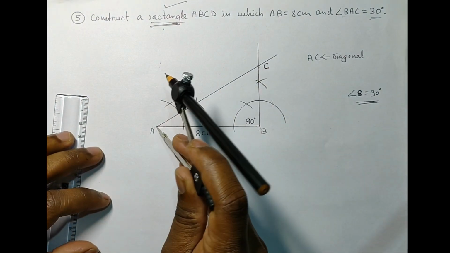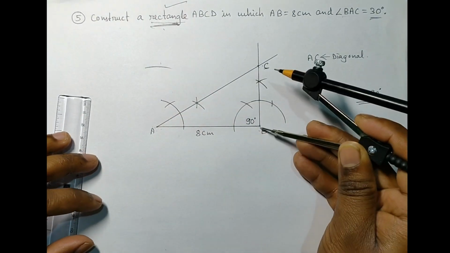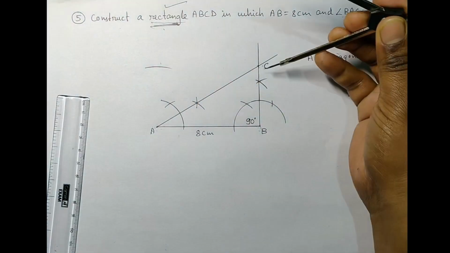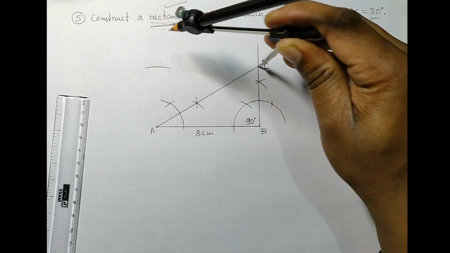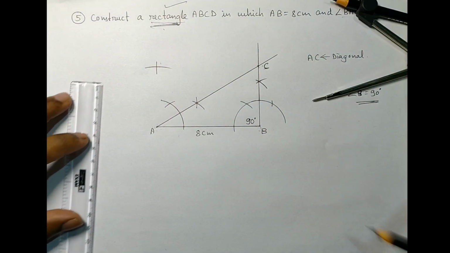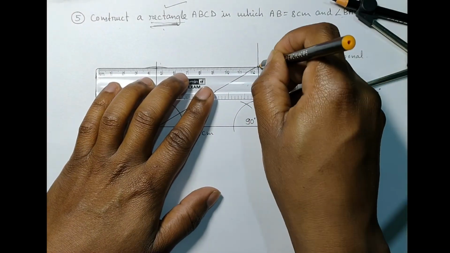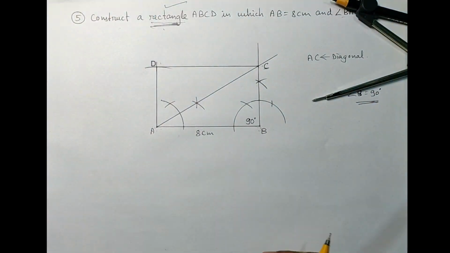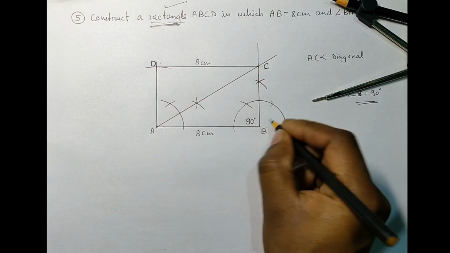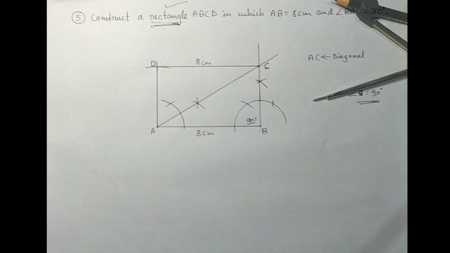Let's put it at A and cut an arc here somewhere where we'll get our point D. Now let's measure AB, 8 cm, put it at C, and now cut an arc here. So there we have our point D. So using the ruler and pencil, join the line from that point and from here. So we have our point D. This is also 8 cm. This is equal to side AD, and we are done with our rectangle.